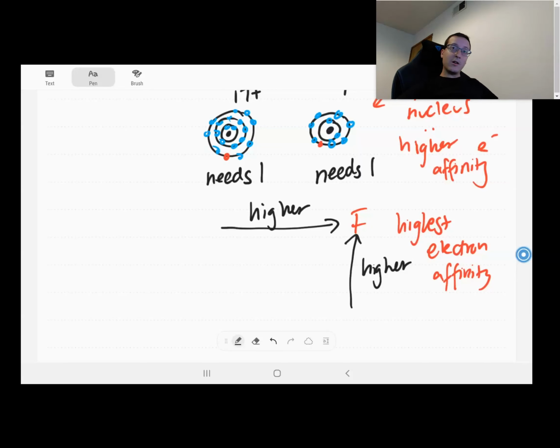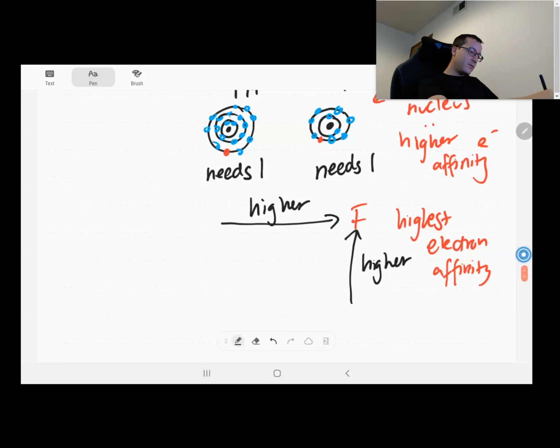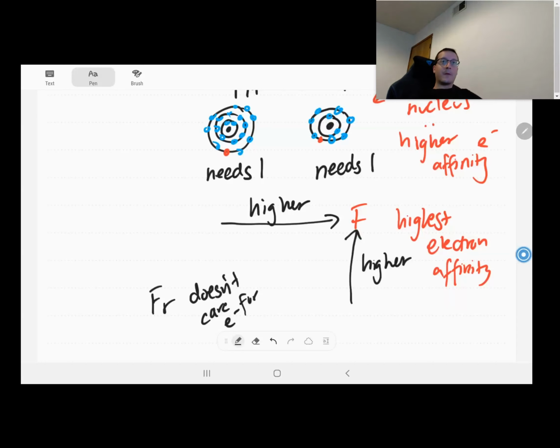Alright, so smaller things are going to win. Fluorine is going to be our highest electron affinity, and which one has the smallest electron affinity? Francium, indeed. Doesn't want one. Okay, so francium does not care for electron affinity.